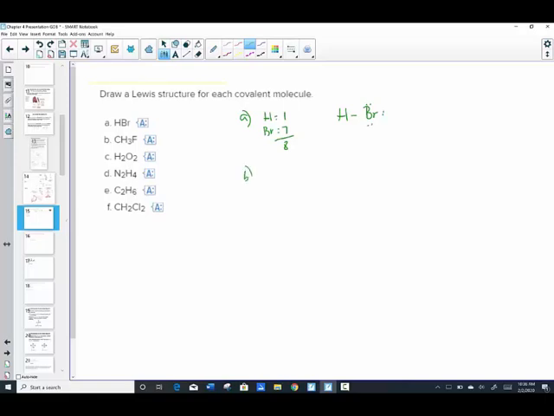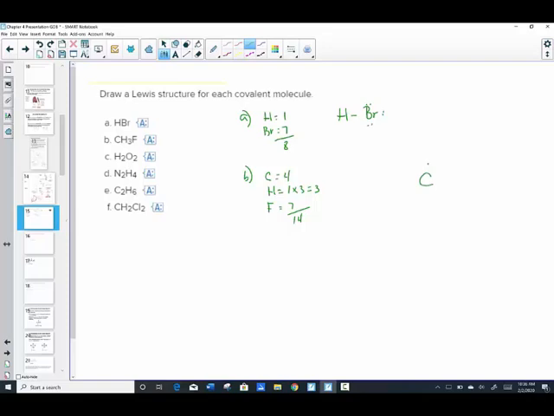In letter B, CH3F, carbon contributes 4 valence electrons. There's 3 hydrogens for a total of 3, and fluorine, the halogen, will contribute 7. That gives us 14 dots by the time we're done drawing. You picked the least electronegative element to be the central atom.